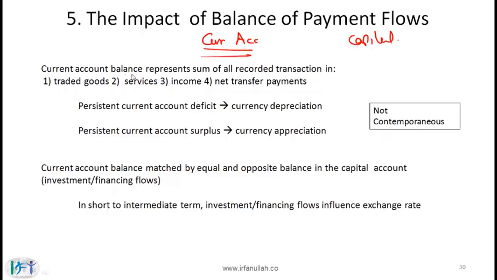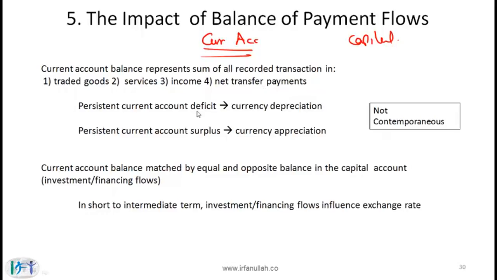The current account balance represents the sum of all recorded transactions in traded goods, services, income. So this is income received, for example, on foreign investments, and net transfer payments such as remittances.